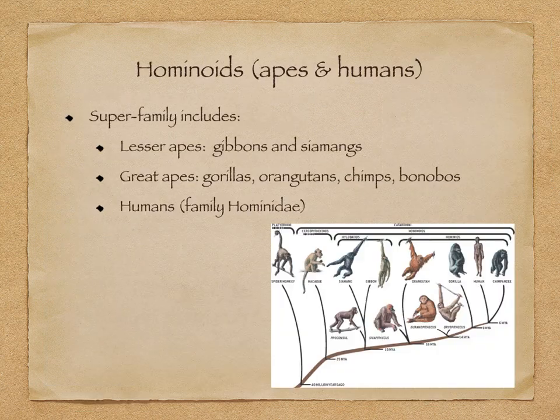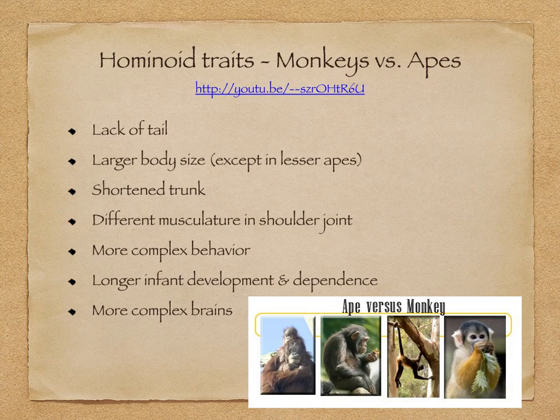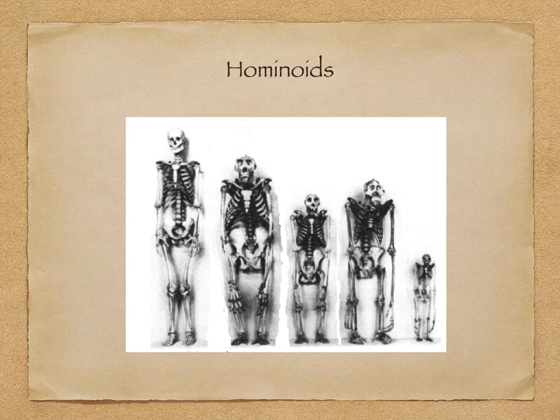I wanted to move to the great ape area, just because I want to show this picture. So hominoids. One of the arguments for the similarity of humans and the other great ape species is our skeletal structure. We are exceedingly similar once you look beneath the skin.